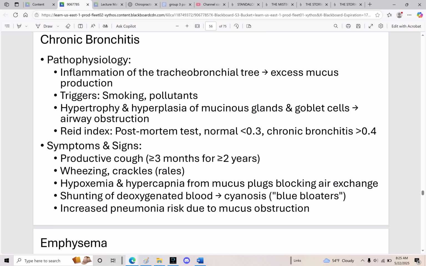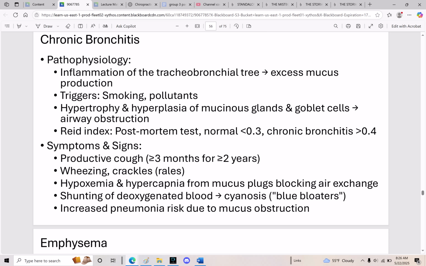It's a post-mortem test. So normal is less than 0.3, the thickness basically of the layer. With chronic bronchitis it is more than that, okay? In some cases like double or triple the amount, okay? But we don't use it in clinical setting. And that's why the diagnosis we have it in here.